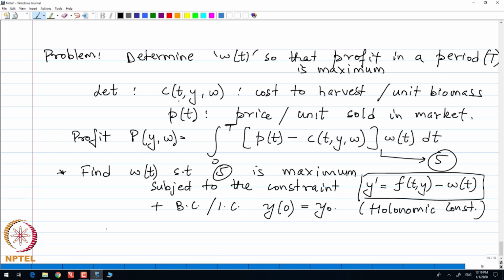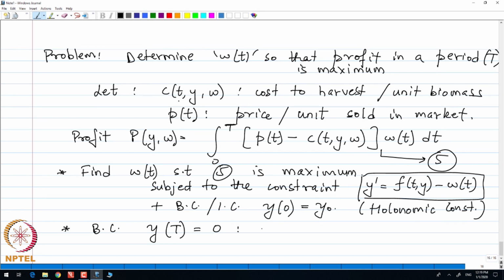Now, one intuition tells us that perhaps the profit of this functional 5 can be maximized when all the fish is taken out of the pond, right. So, the boundary condition, when over the entire length of the catching season the total fish is taken out of the pond, or y at t equal to 0, is perhaps the optimal solution.